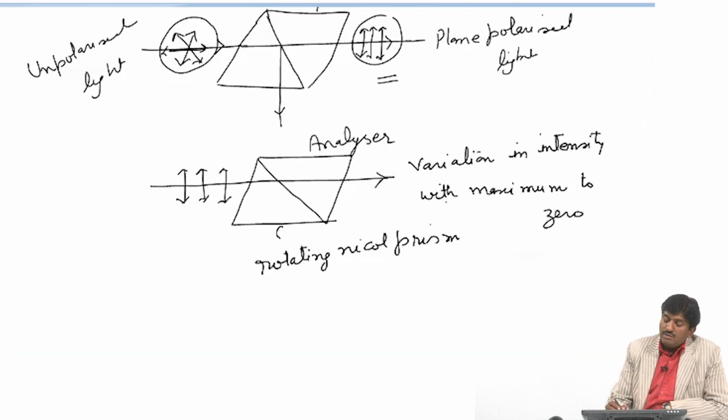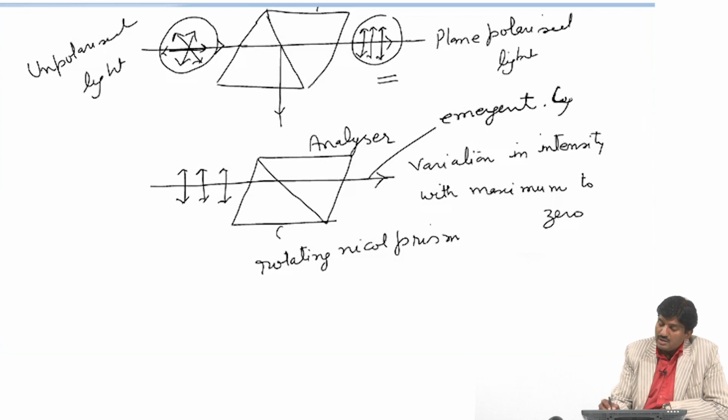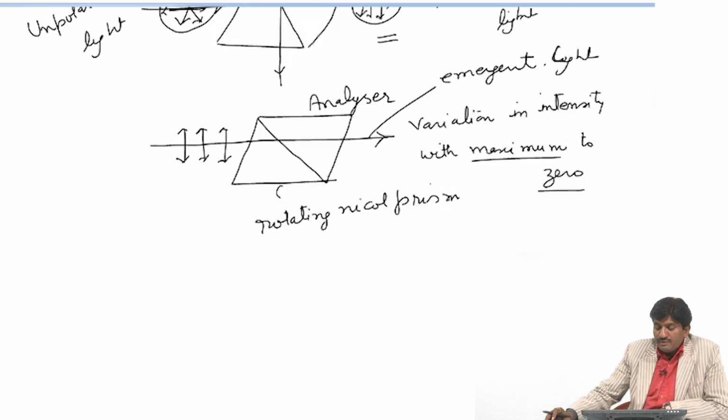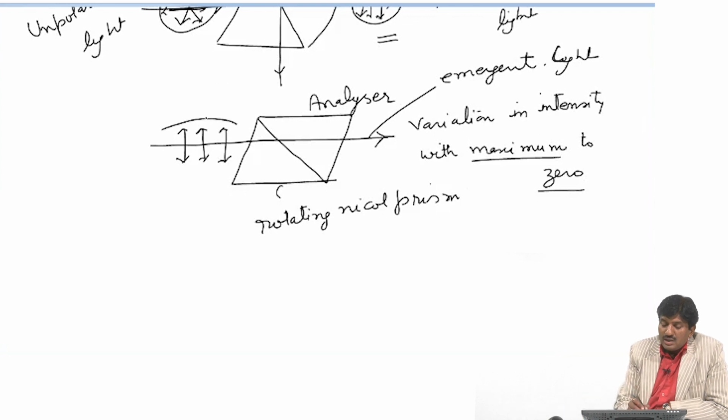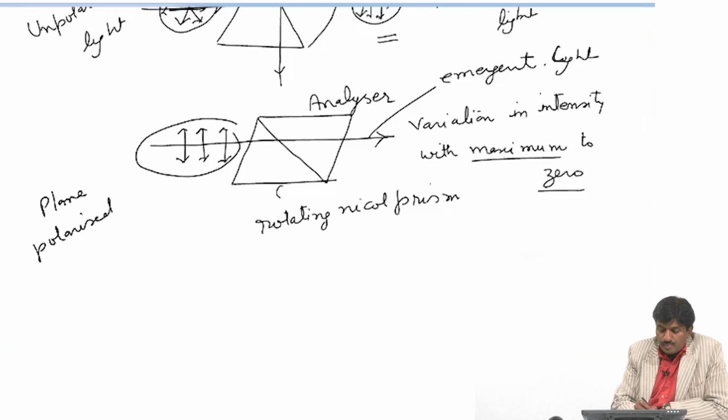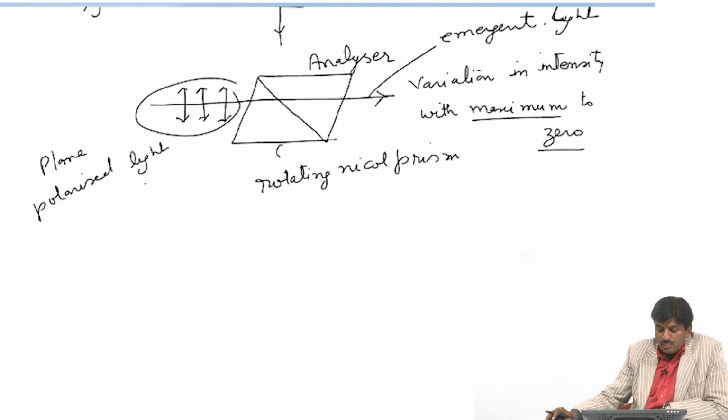The intensity of this emergent light varies from maximum to 0, and if this occurs, then we can say that the incident light is plane polarized light. This is the detection of plane polarized light.